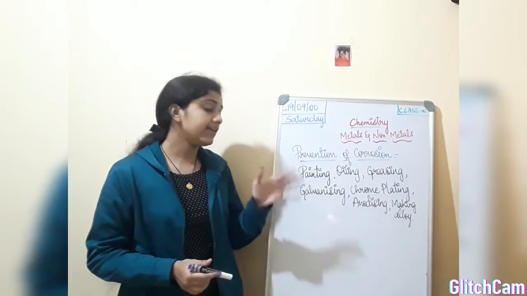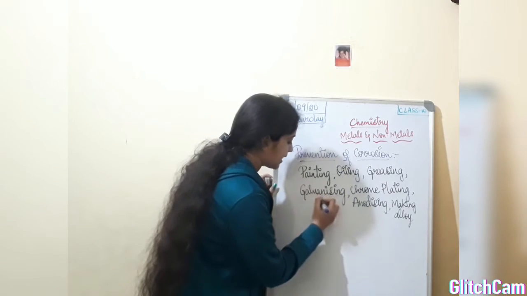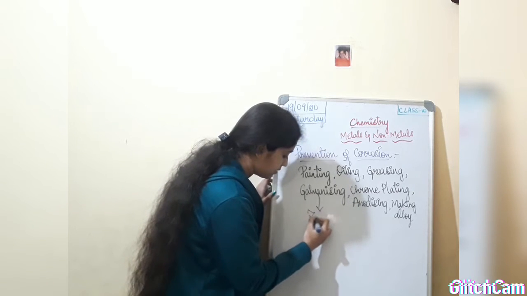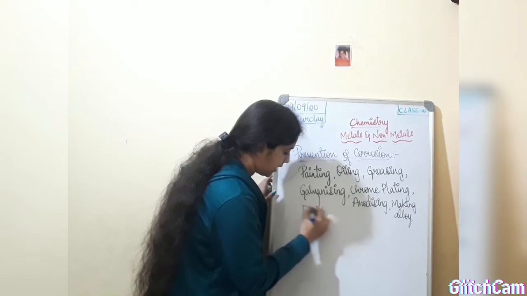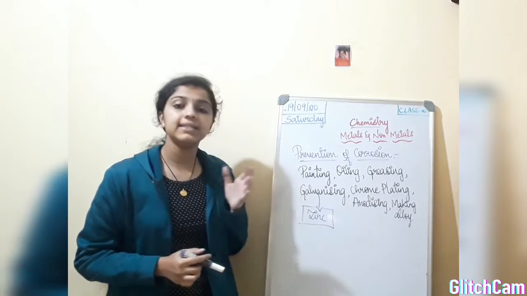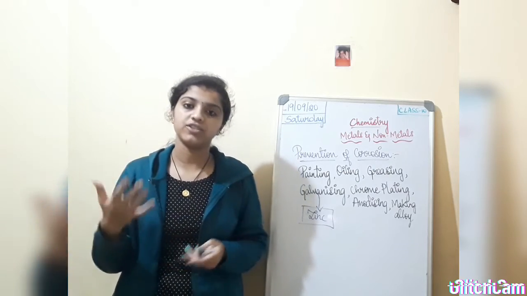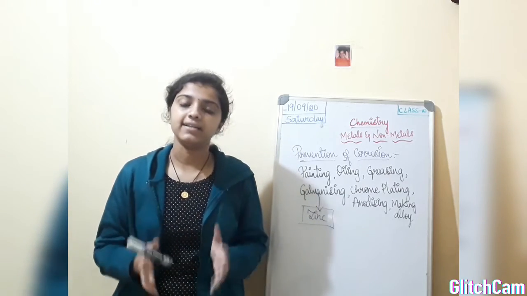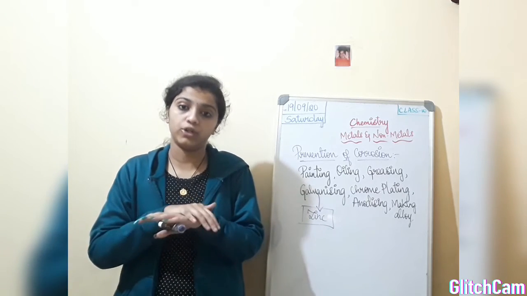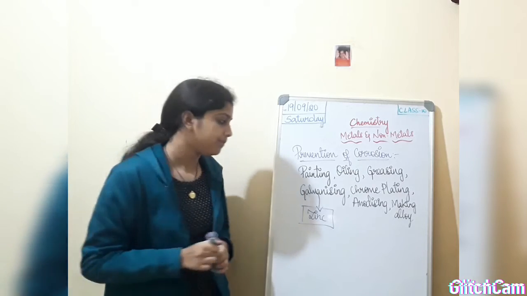Galvanizing is a process of coating a layer of zinc on iron. Zinc does not allow iron to react with oxygen present in the air, and thus it does not allow the formation of the brown flaky coat. So this is why galvanizing is used in the prevention of corrosion.